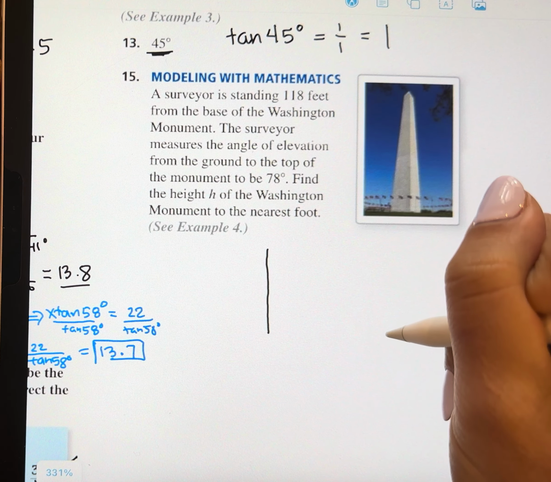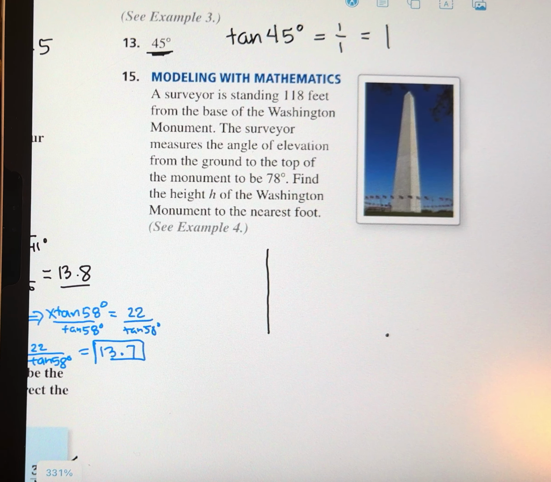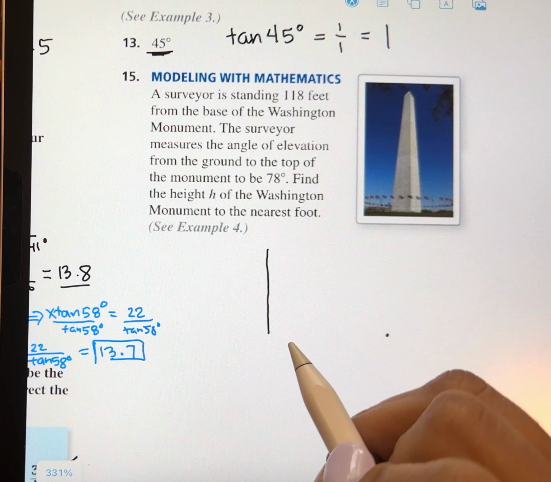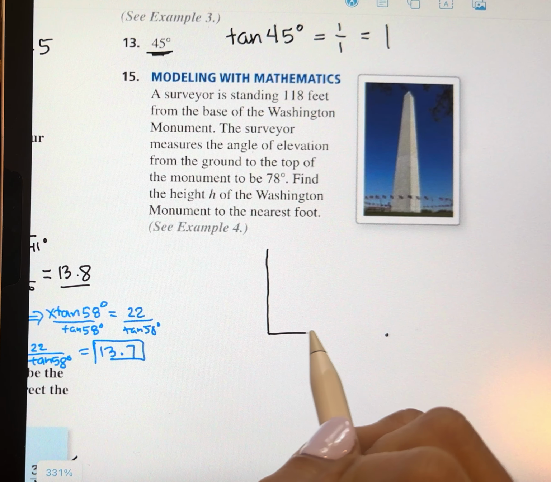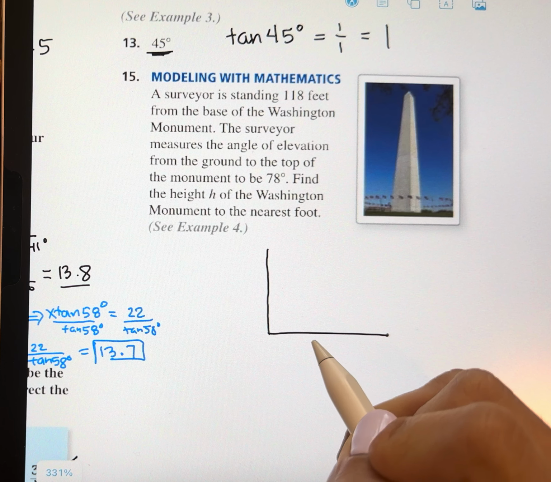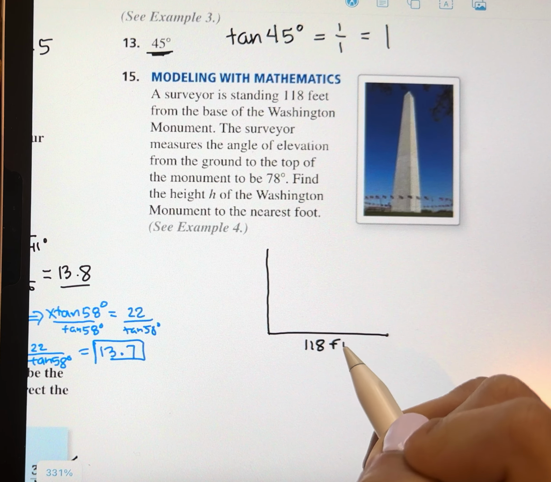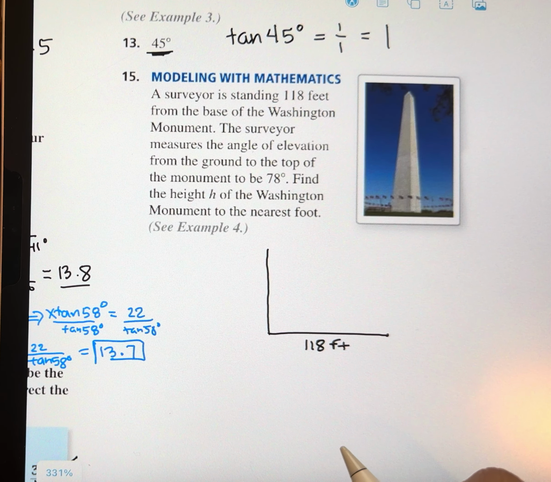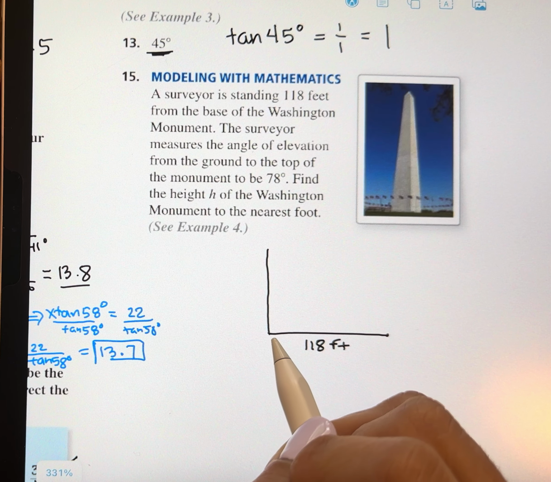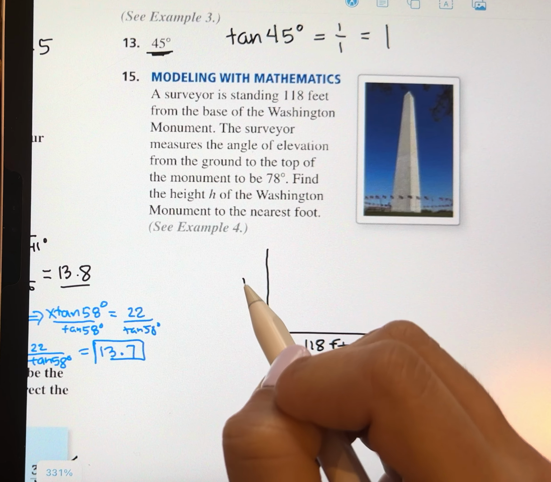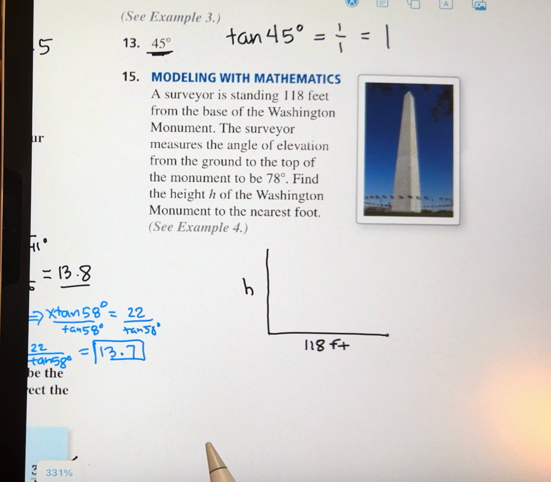Here's the surveyor. They're either lines or dots. Okay. So the surveyor is 118 feet from the base of the monument. We're trying to find the height of the monument, h, so this is our unknown.